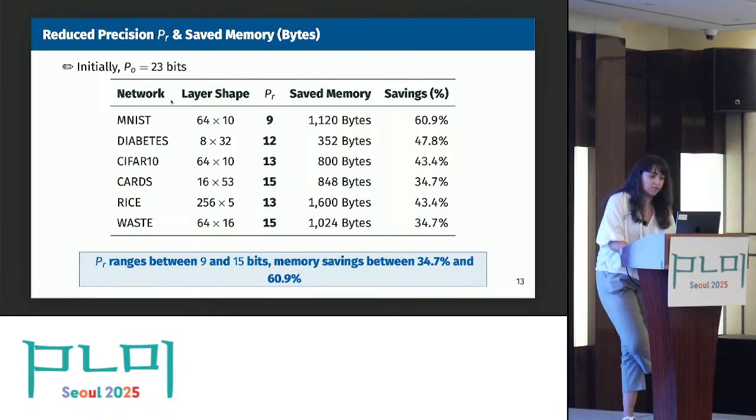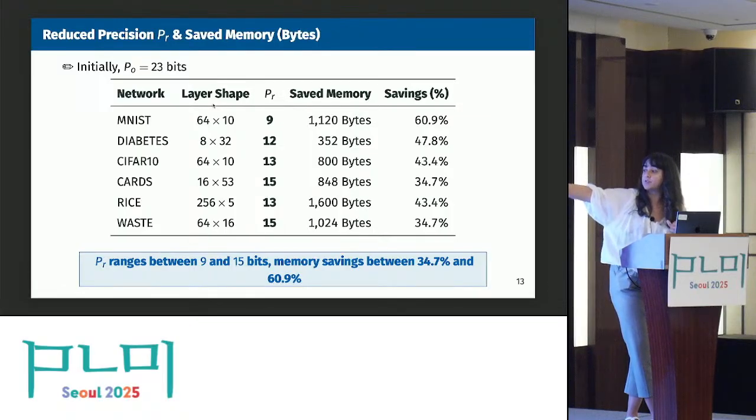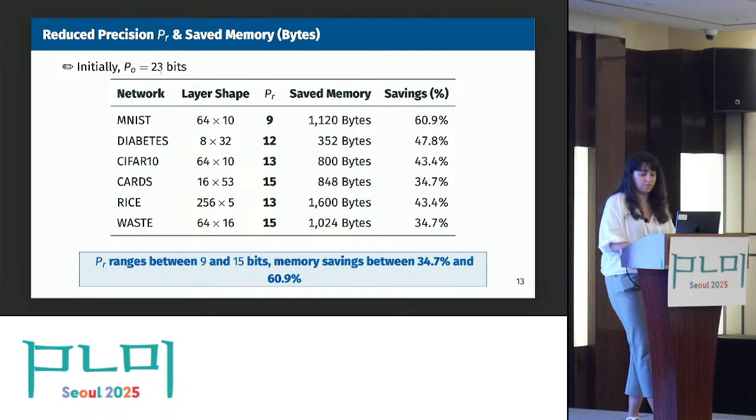We display all our networks and the layer shape of the dense layer. What we can see is that when we solve our optimization problem, the reduced precision ranges between 9 and 15 bits for our neural networks, starting initially with 23 bits. And we have memory savings ranging from 34.7 to more than 60%.